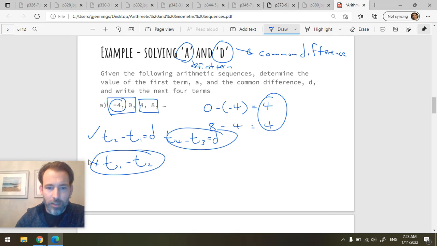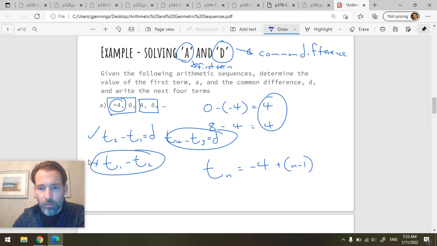So now I want to write this as a series. So it's t of n is equal to the first term, -4, plus n minus 1 multiplied by d, and d is 4.